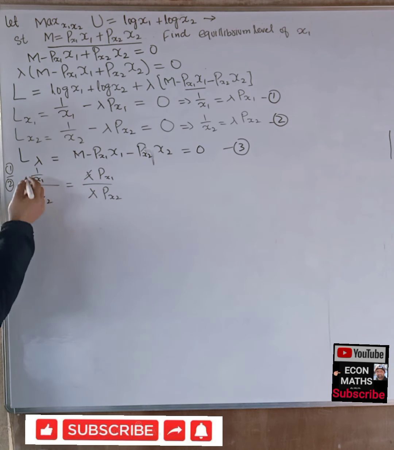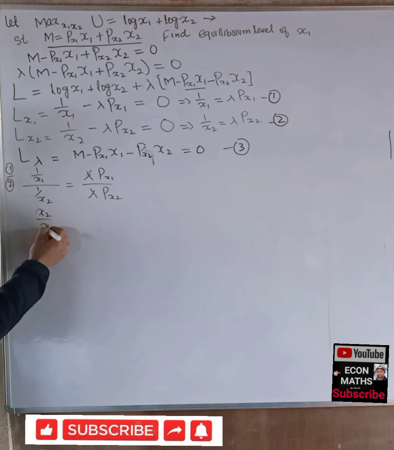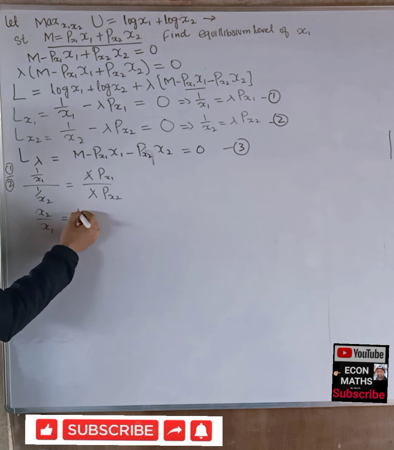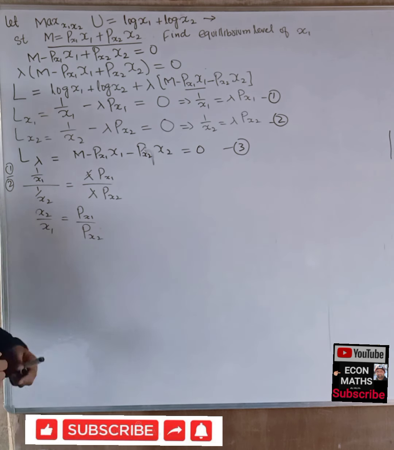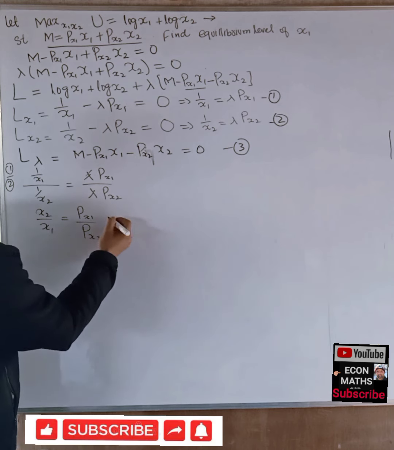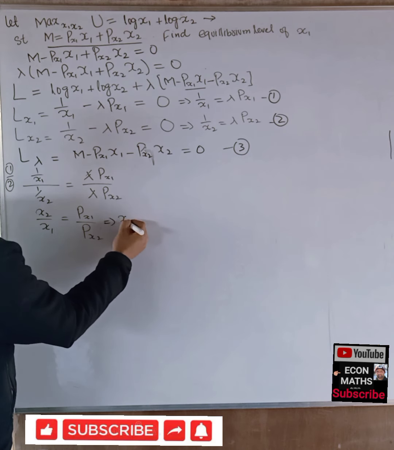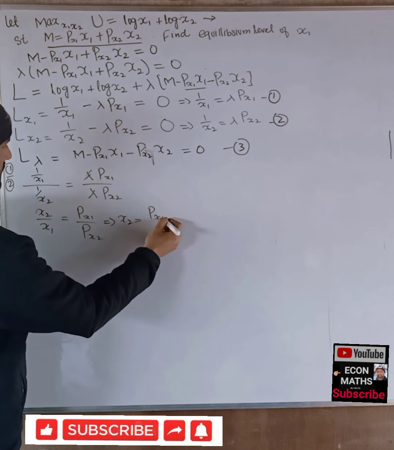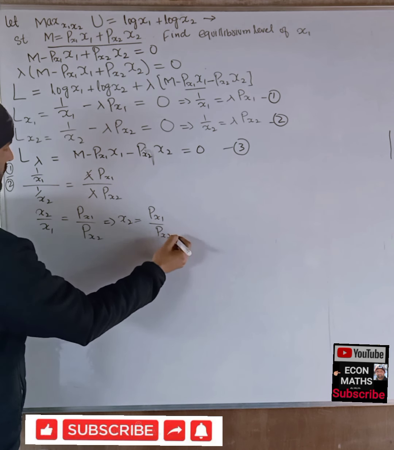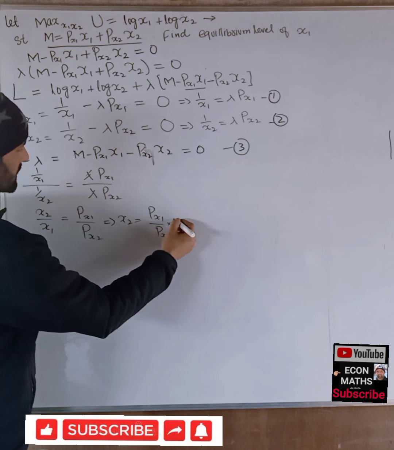This will become x2 divided by x1, which is equal to p x1 divided by p x2, which implies x2 is equal to, transposing, p x1 divided by p x2 times x1.